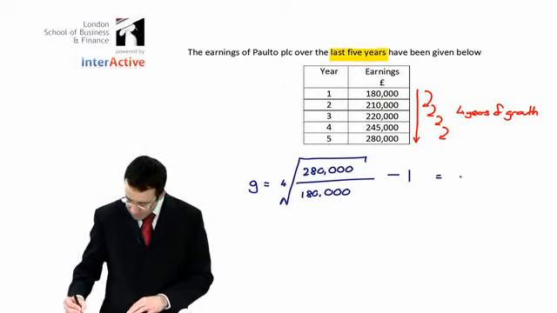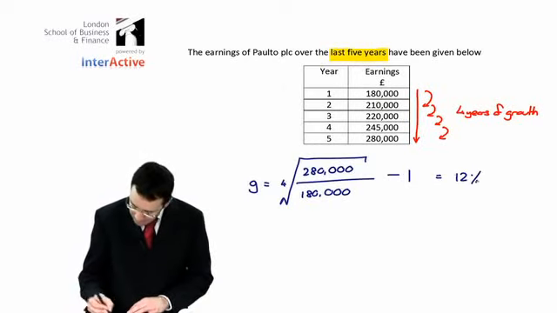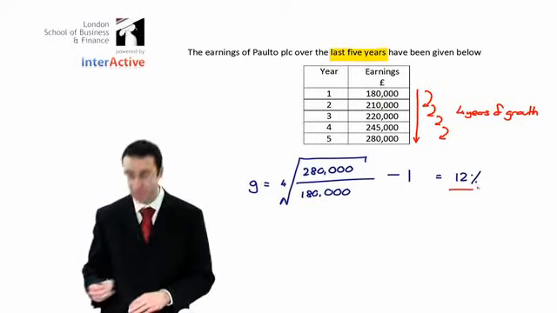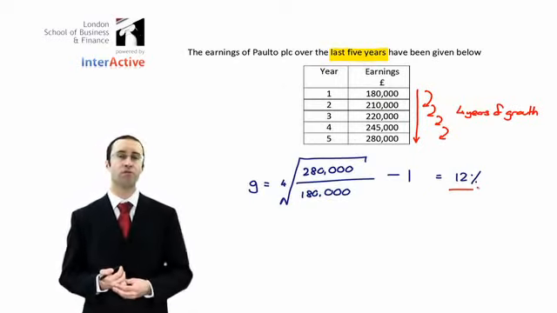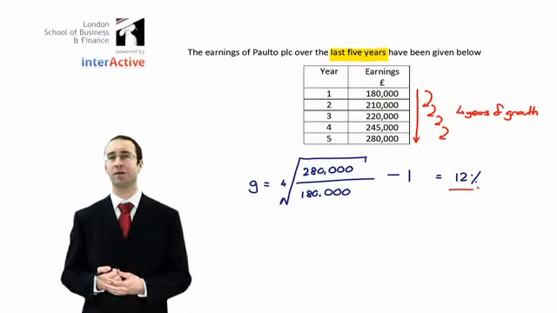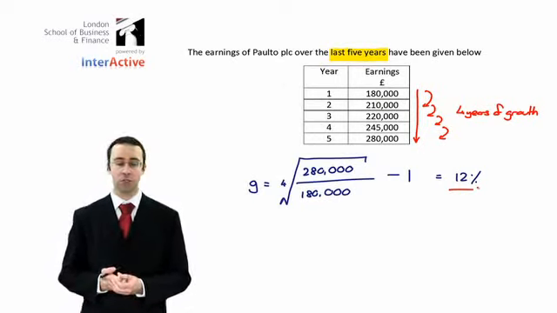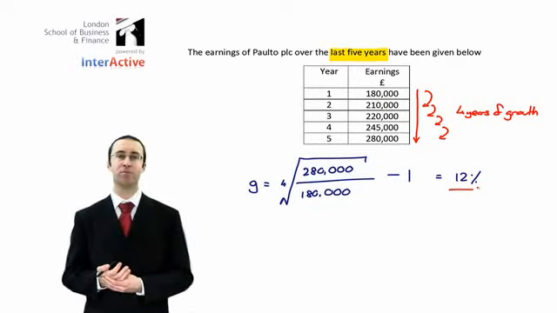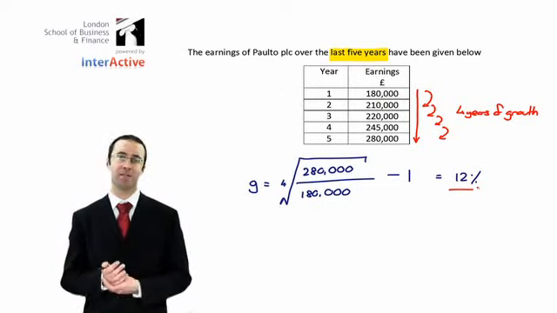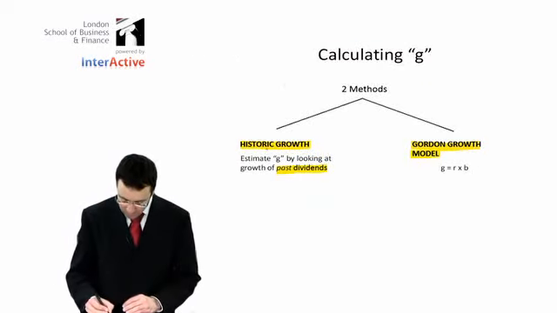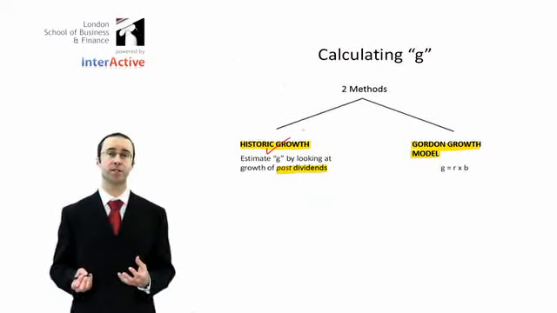Tapping that into your calculator is something that I think many students had difficulty with in the days of F9. Remember trying to work out how you take the 4th root of a fraction. Hopefully you can still remember. Working it out should give you a value of 12%. If you're struggling, just tap 12% in your calculator and let's move on. So that's your historic growth method done and dusted.